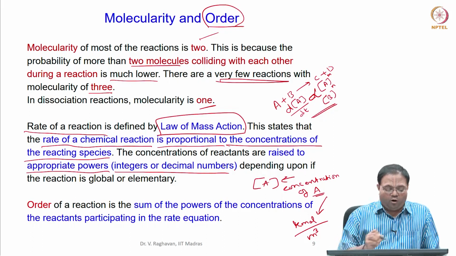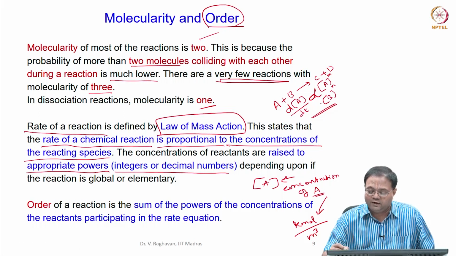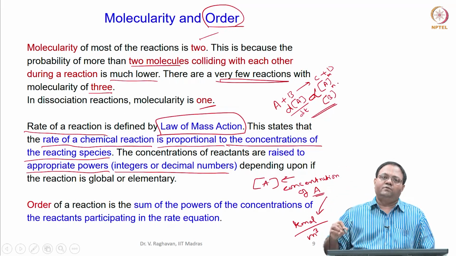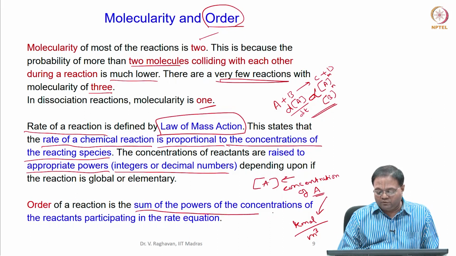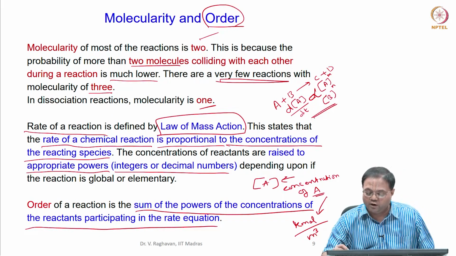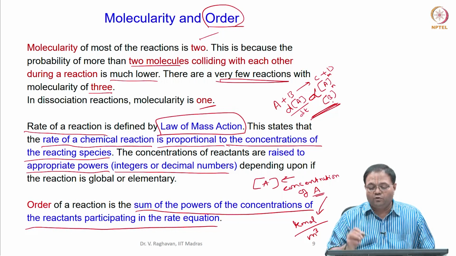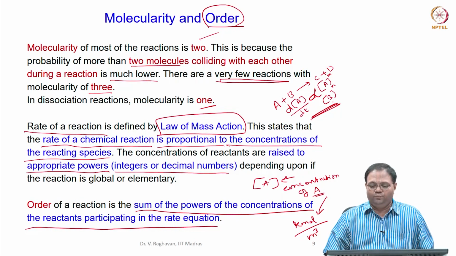So, now what is order? Once you know the law of mass action, I know the reaction rate depends upon the concentration raised to appropriate powers of the reactants. So, order of the reaction is the sum of powers of the concentration of the reacting species in the rate equation. This is called the rate equation. The rate at which A reduces with time, we can also write the rate at which concentration of B reduces with time.